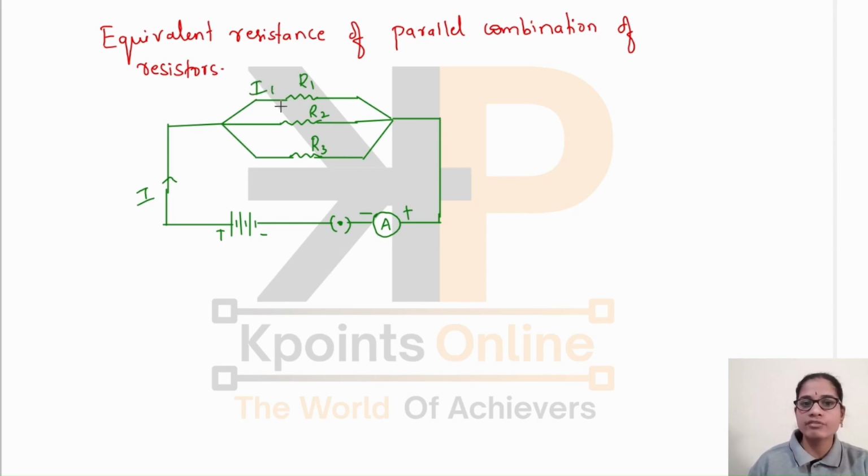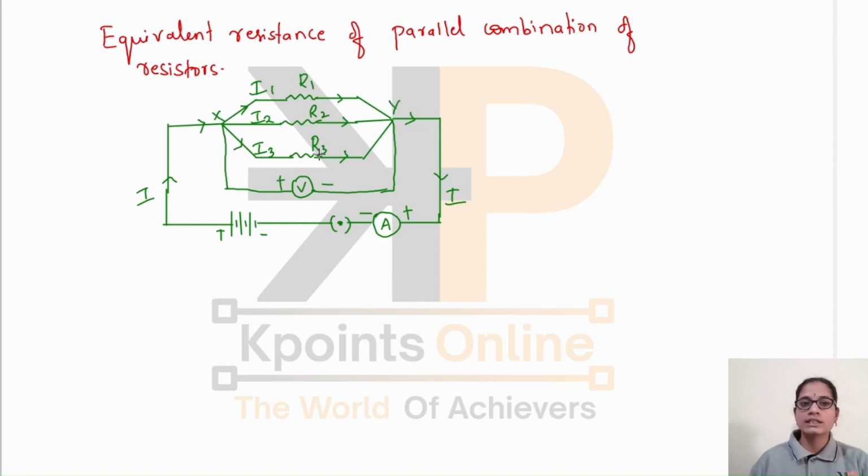I1 is the current flowing through the resistor R1, I2 is the current flowing through the resistor R2, and I3 is the current flowing through the resistor R3. The direction of current is shown from higher potential to lower potential. This is the voltmeter connected between the two points X and Y. This is the parallel combination of resistors.